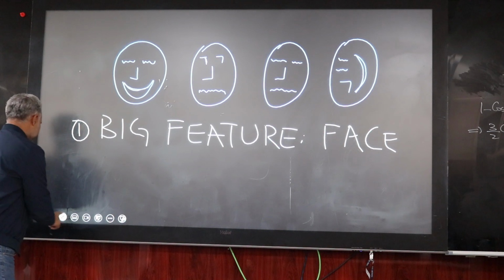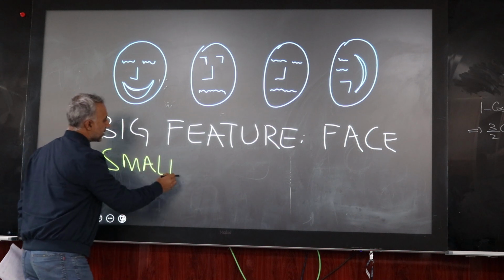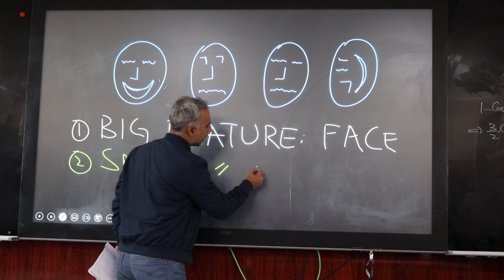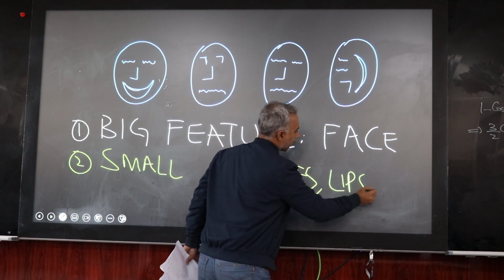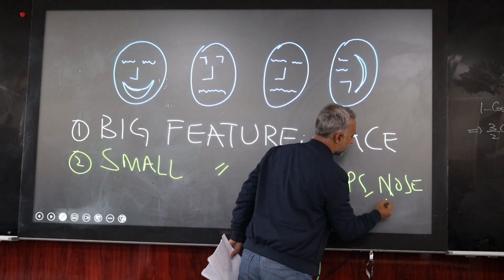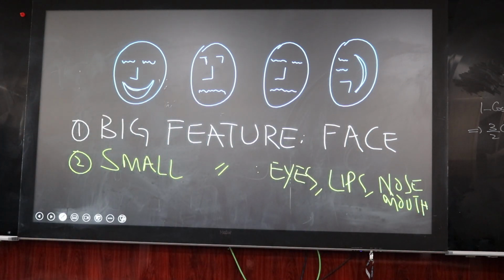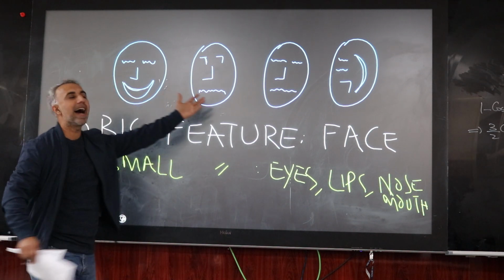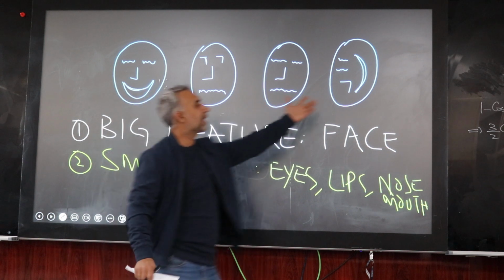If I am talking about small features, they mean eyes, nose, lips, mouth, cheek. Okay, but even with the big feature you cannot recognize it properly. Even with the small features, you cannot recognize it. There are the eyes, the nose, the mouth, but you cannot recognize the face.